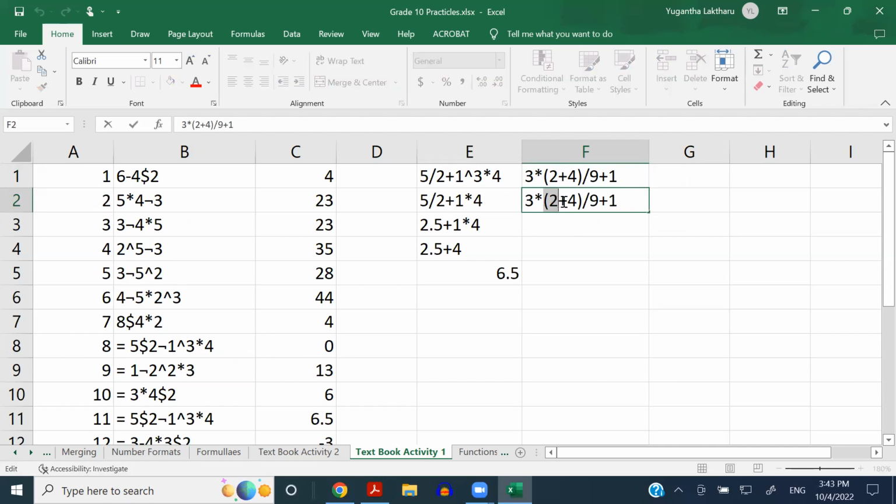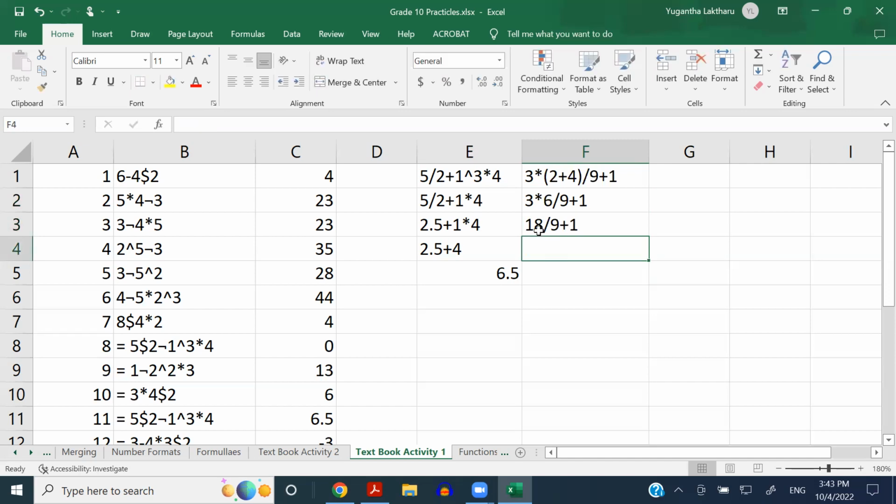That means this bracket is going to solve as 6. Now I have the multiplication and the division. I'm going to give the priority to the multiplication, which gives me the 18. So it's going to be 18 divided by 9 plus 1.